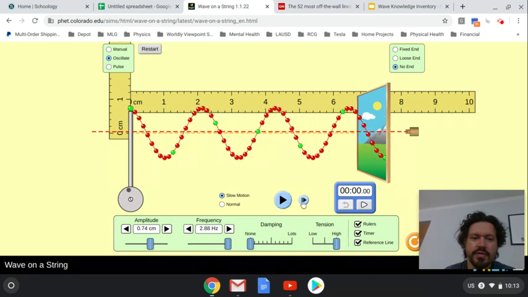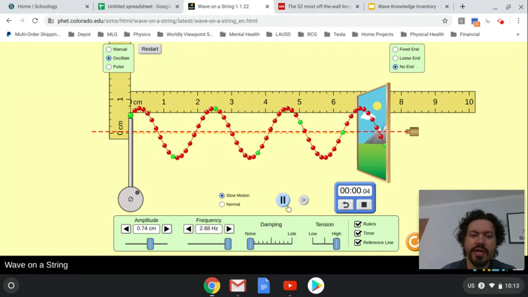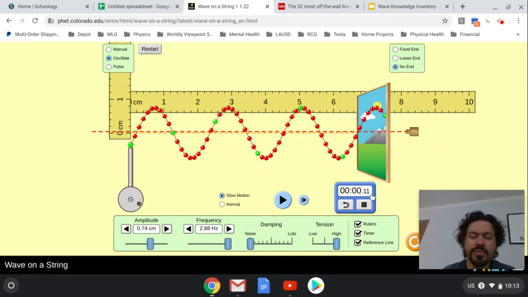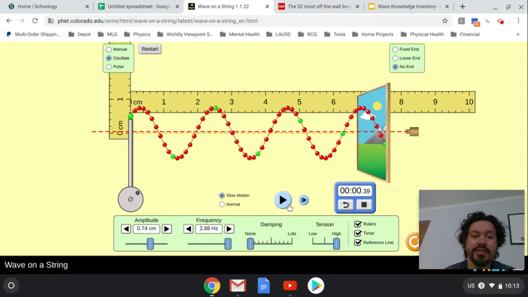All right, so you can use the little slow motion single step tool to get a height right there. And then you can let it play for a little bit. You use the timer here. You can let it play. And then after a bit of time, you can get another height. A little bit more time, you can get another height. And you can see if you can see some patterns.